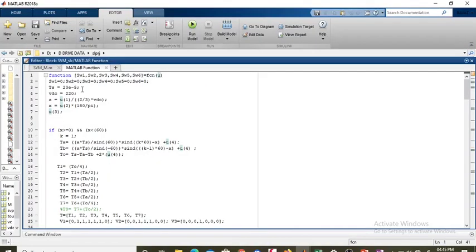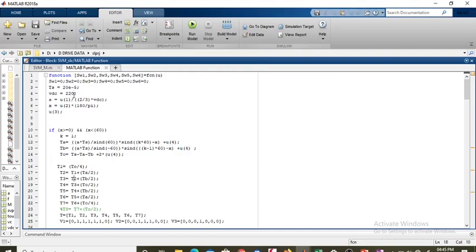And here Ts I have used as 200 microseconds, which is obviously a little bit lower as compared to the 50 Hz, 20 millisecond operation, right? And the Vdc value I have used is 220, and so on.